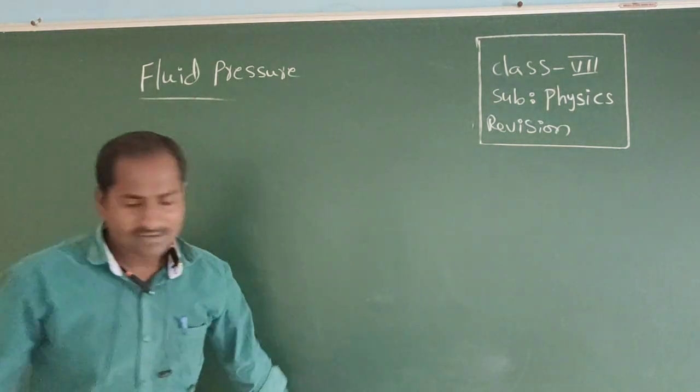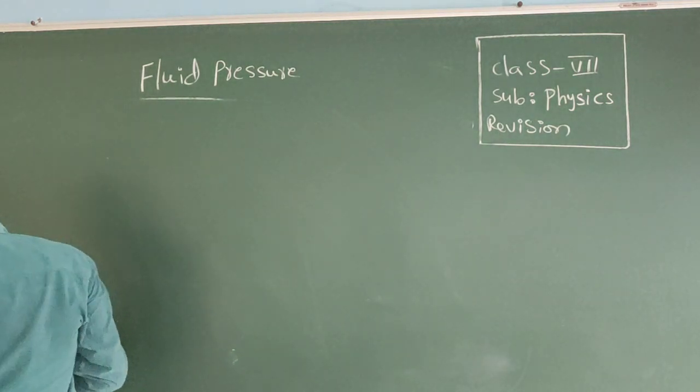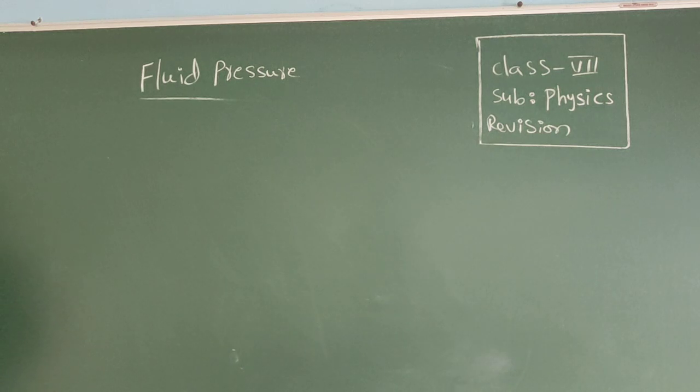Okay, next one, loss of weight, or apparent weight. Archimedes principle: when an object is immersed either partially or completely in a fluid at rest, the apparent loss of weight is equal to the weight of the fluid displaced by it.